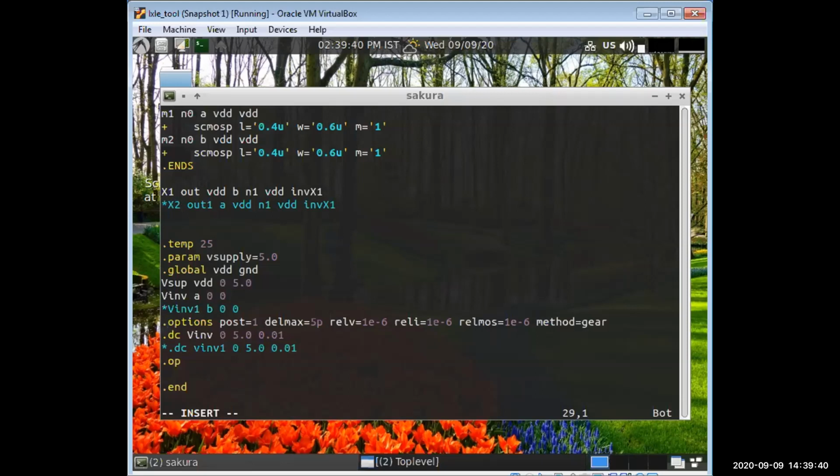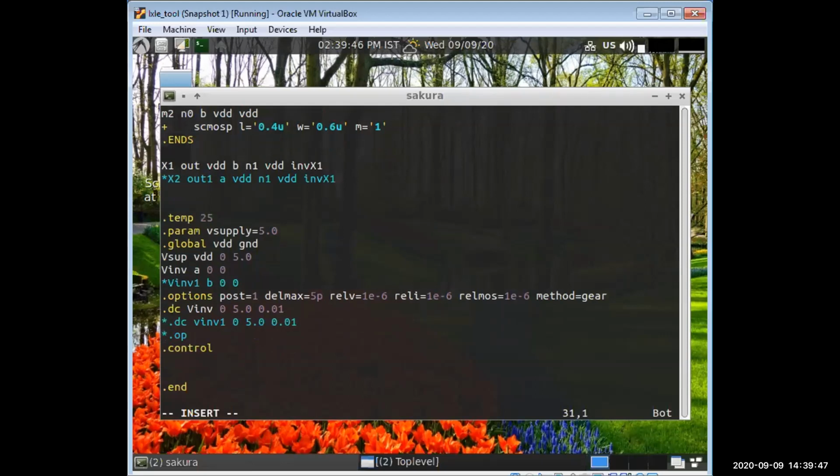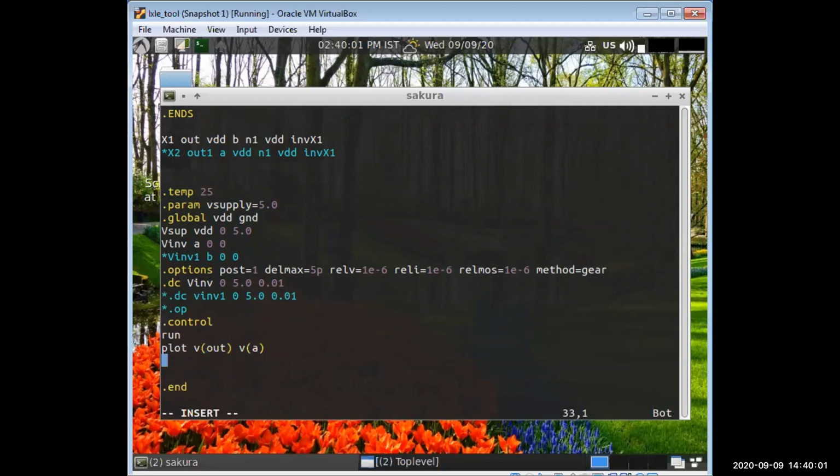Comment this dot op, write dot control, run, then dot vout, dot c.